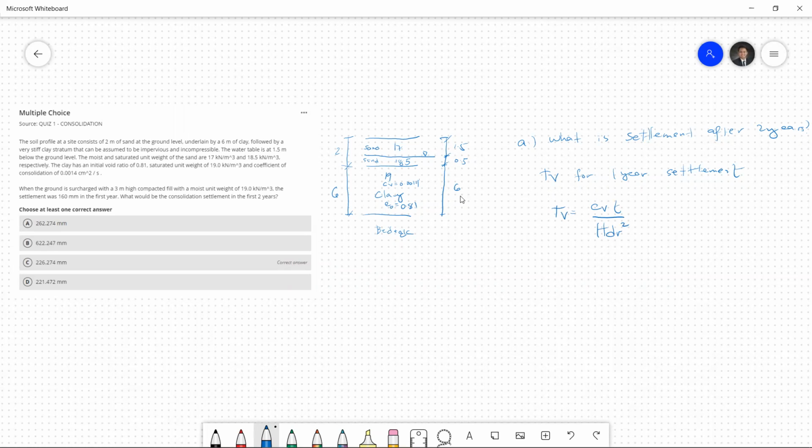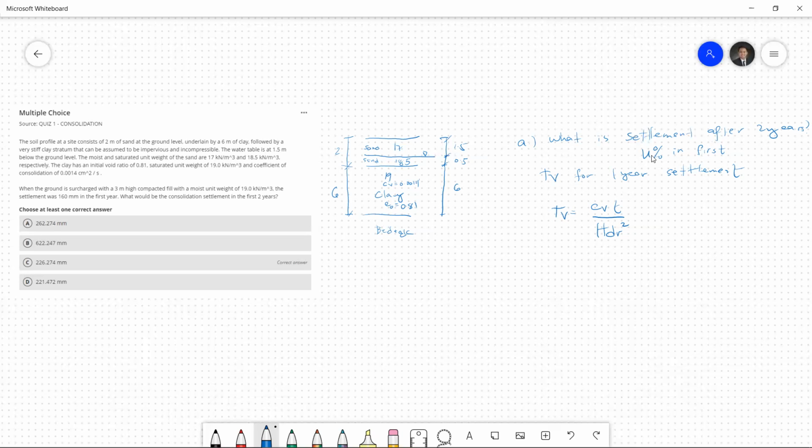So we need to determine what is the degree of consolidation in the first year. In order to find the degree of consolidation in the first year, we need to find the time factor, since the time factor has a relation to the degree of consolidation.